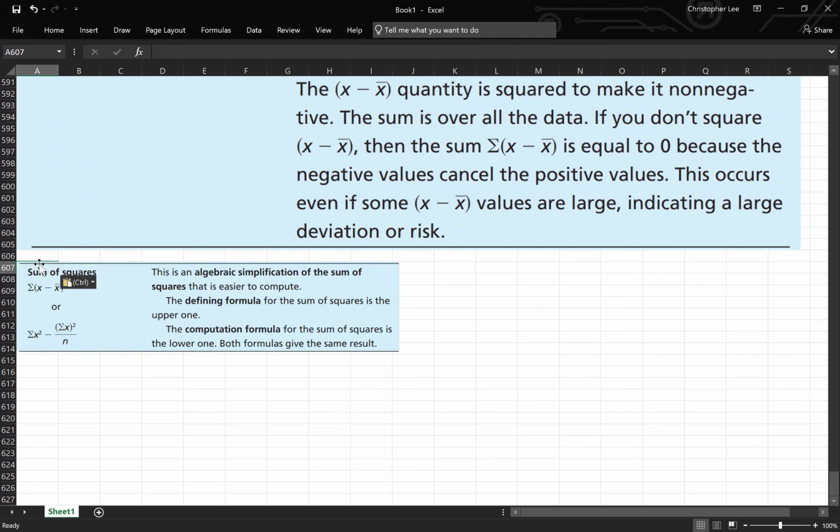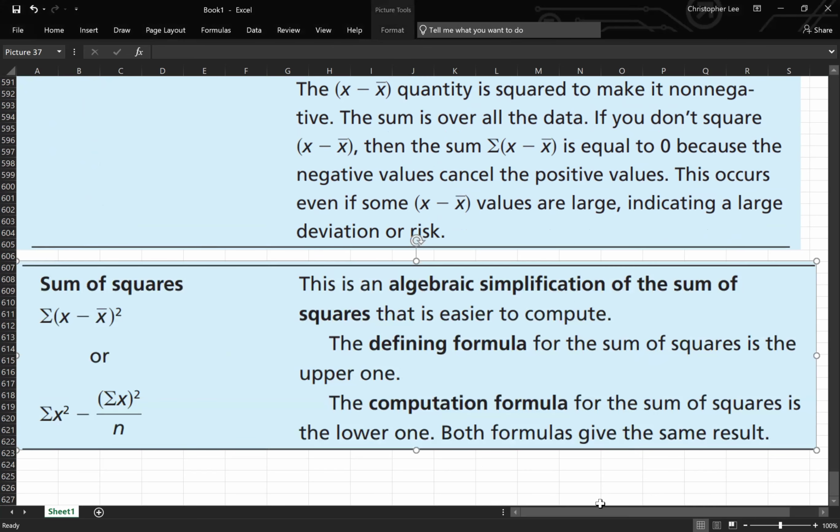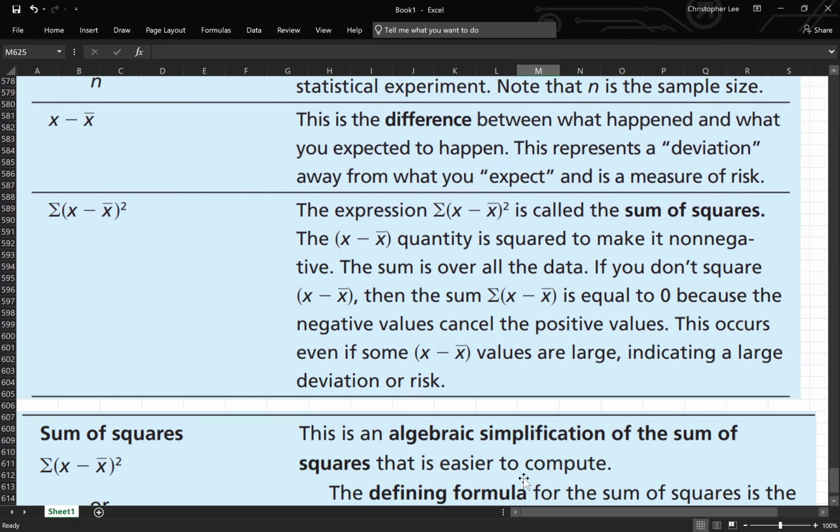Last but not least, the sum of squares. If we have the sum of x minus x bar squared, there is an algebraic simplification of the sum of squares that is easier to compute.